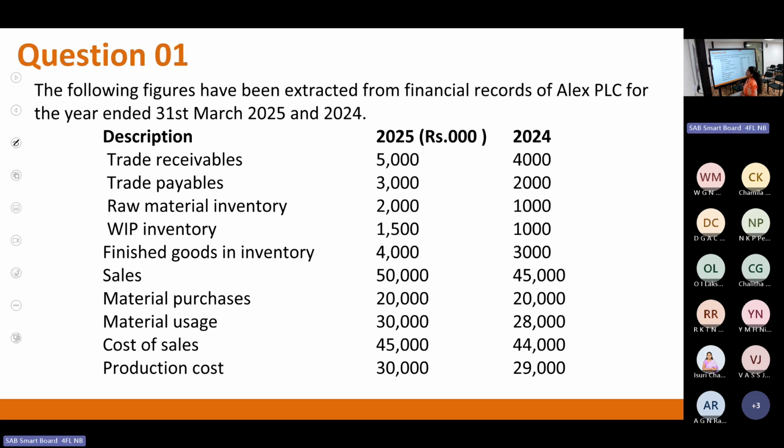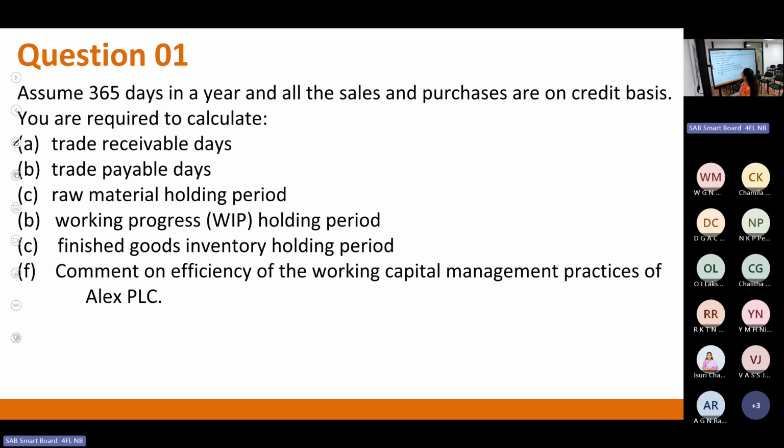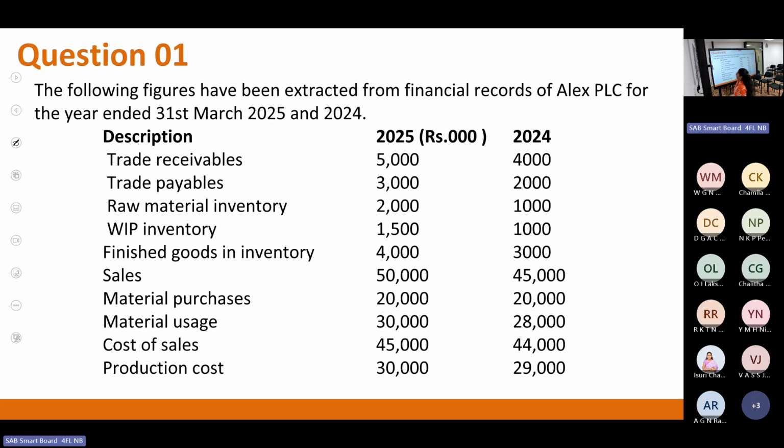We'll go to question number 1. This is very, very simple for you all. Quickly calculate the basic formulas for the particular years. You can read the question. The following figures have been extracted from the financial records of Alec PLC for the year ended 31st March 25 and 24.